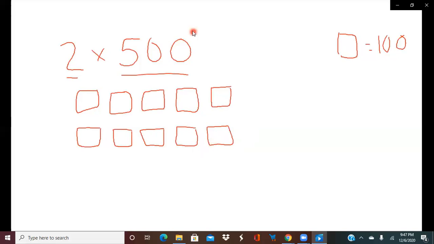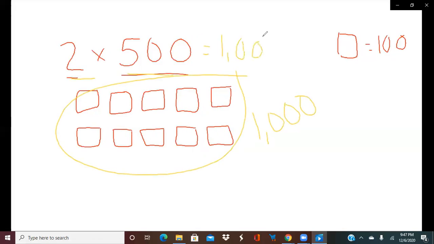So all together, these equal 1000. So that tells me 2 times 500 equals 1000. Okay, let's do one more before we move on, and I'm going to show you another way that you can multiply by using a pattern, with these by tens, hundreds, and thousands.